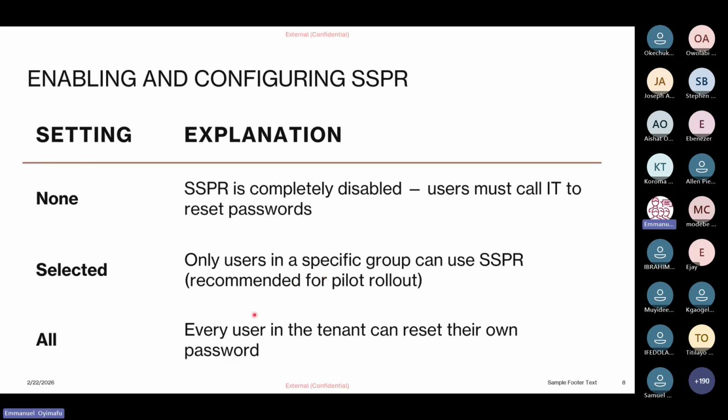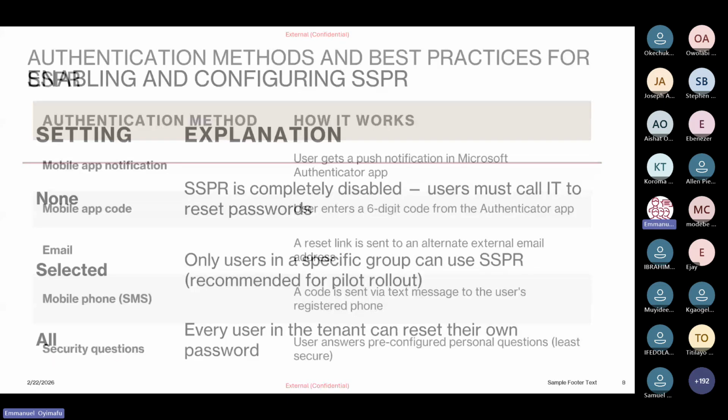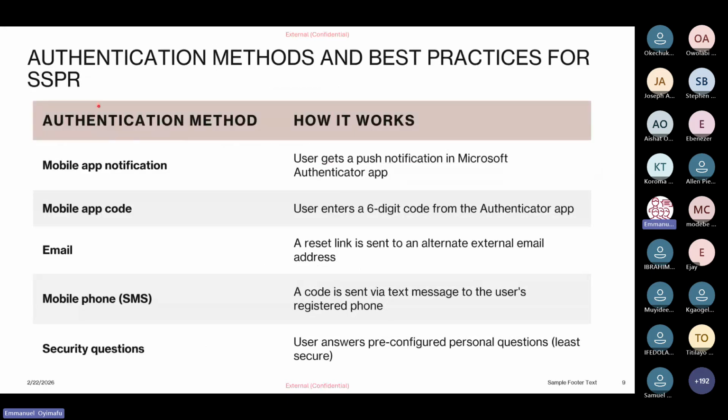So most times, if users want to reset their password, it's not that once they click on forgotten password, it will just ask them, put your new password, then confirm, then you get in. That is not how SSPR works, because somebody else that is not that user can do the same thing. It's very easy.